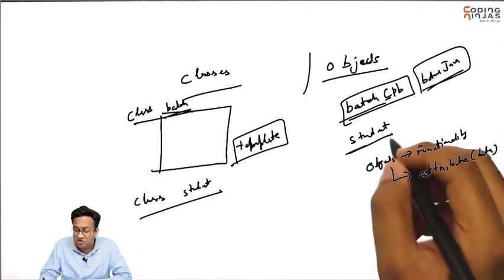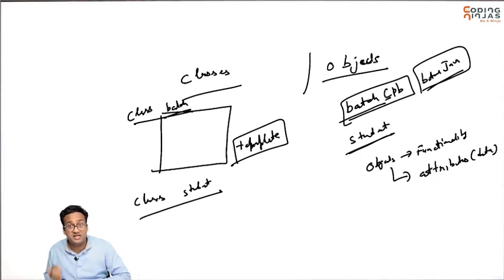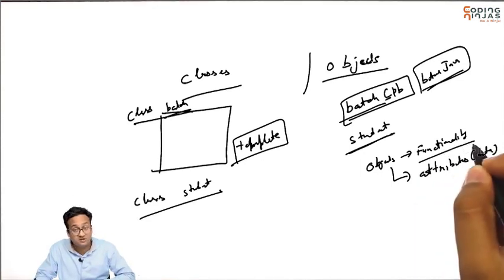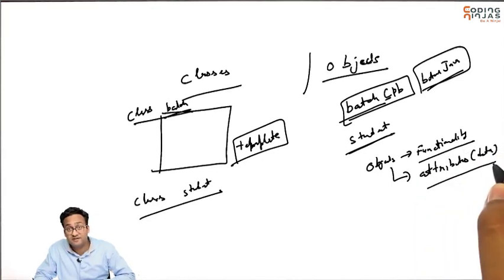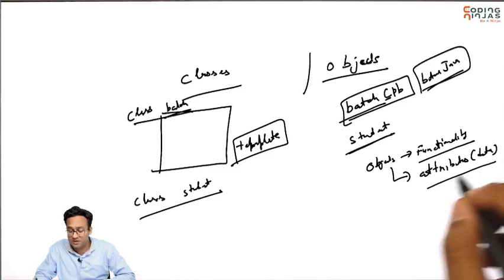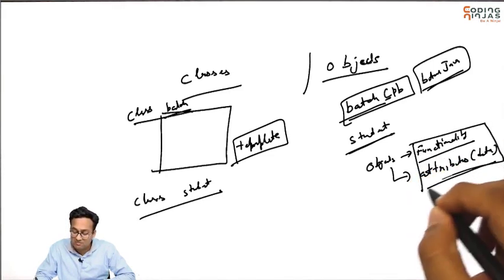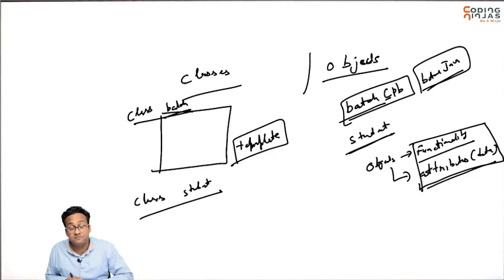As I said, student will have a name, roll number, that's data. But if I want to say, student, do this assignment, now that's a functionality. I want the student to do something for me. That's not just data. So generally my objects will have two types of things, functionality and data. Okay, so these are the two things that my objects will generally have.